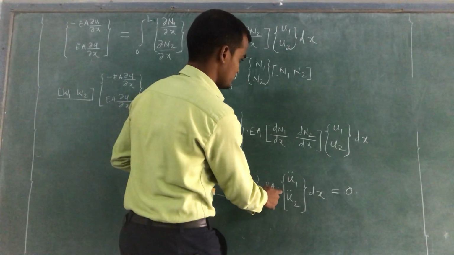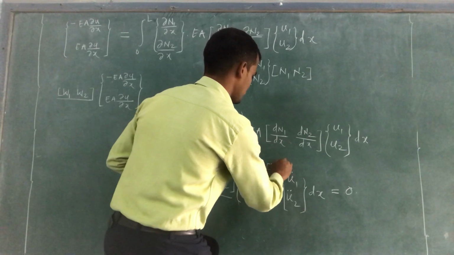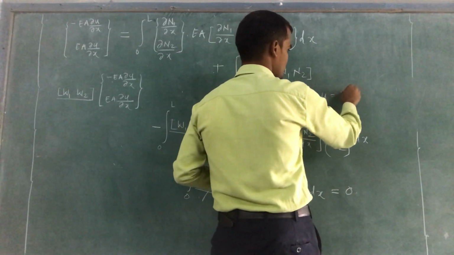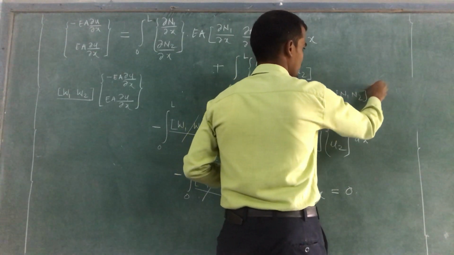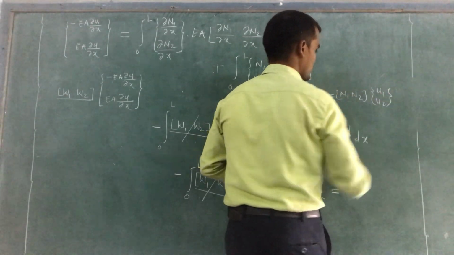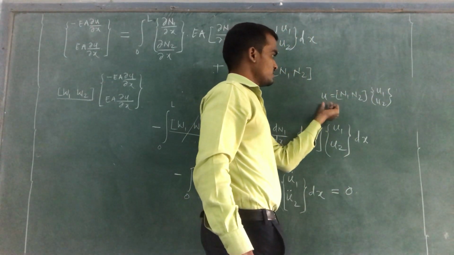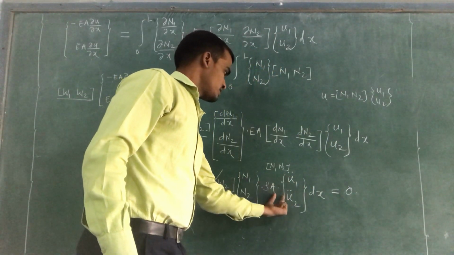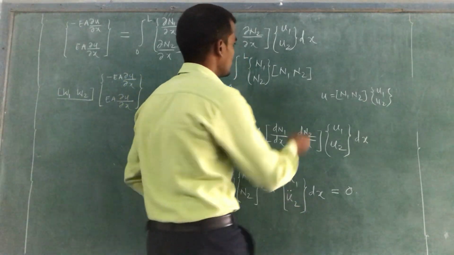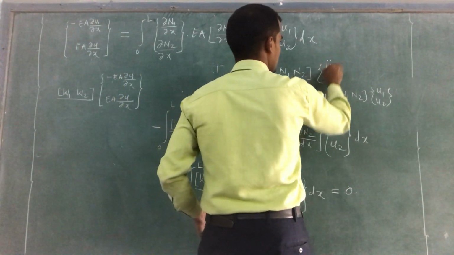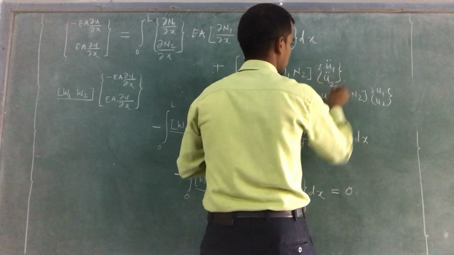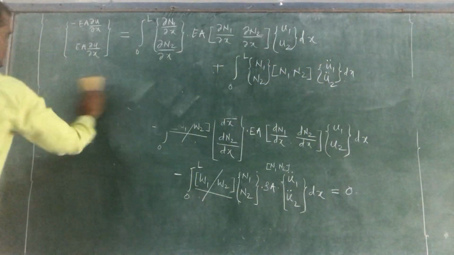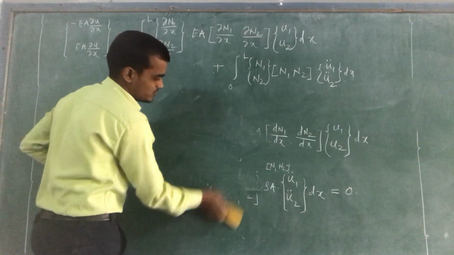Sorry, here N1 and 2 should be there actually, because as we know U is equal to N1 and 2 into U1 U2, and we have taken the second time derivative with respect to t, so the N terms become constant. So N1 and 2 into this U1 double dot, U2 double dot into dx. We have written these terms like that by eliminating the W1 W2 matrix.